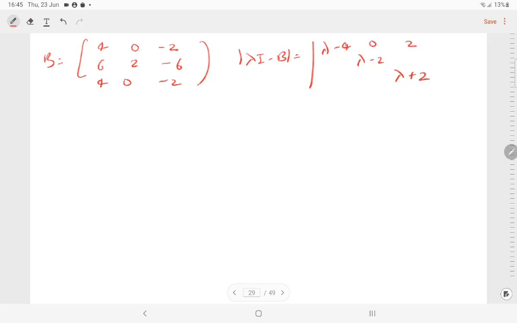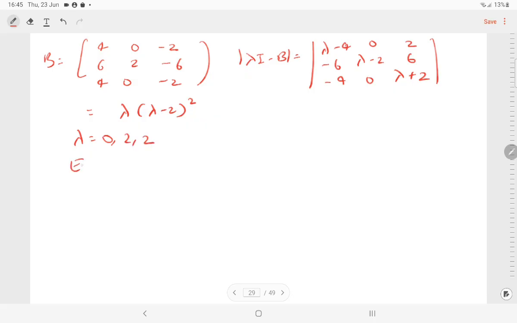If you compute it, it comes out to be lambda times (lambda minus 2) whole square. So the characteristic equation gives me lambda equal to 0, 2, 2.